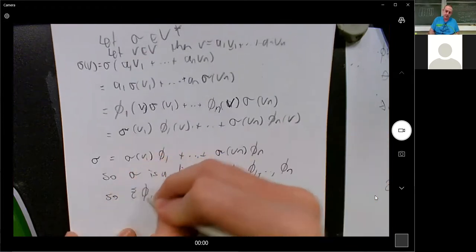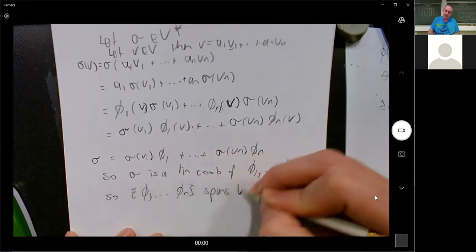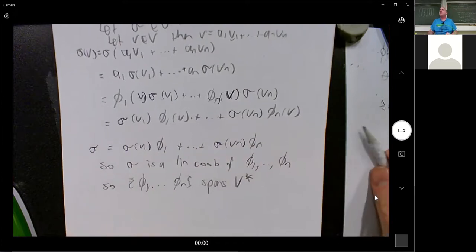So it certainly spans V star, and you'd have to show that they were independent, or instead of showing they're independent, you would just have to show that there was a unique way of doing it, because that would make it a basis as well.